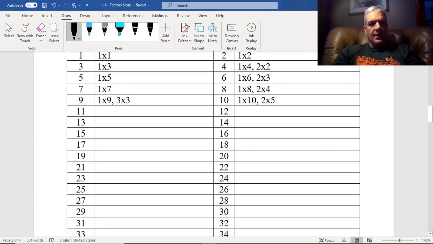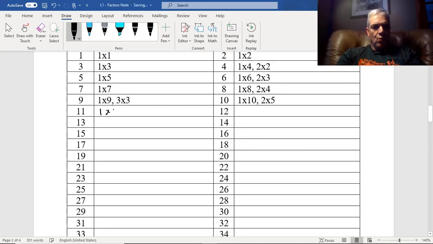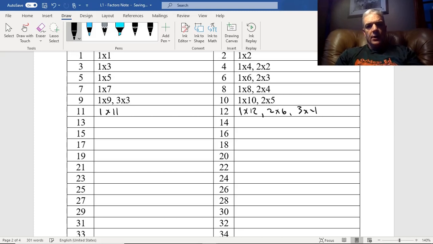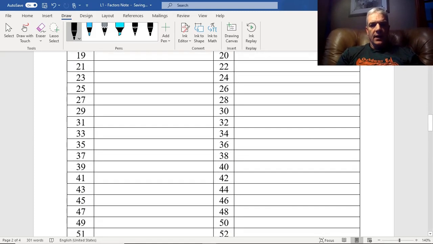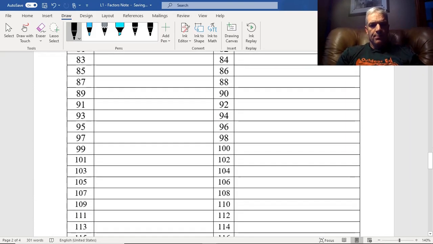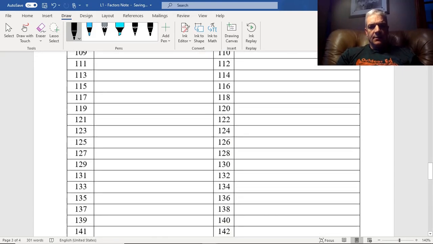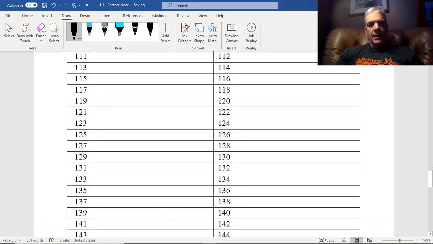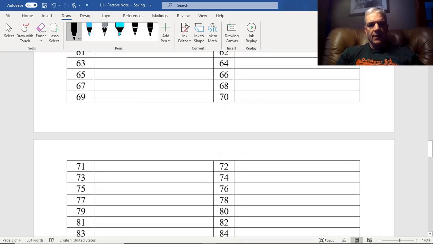So for 11, since it's a prime number, it'll just be 1 times 11, and for 12 it'll be 1 times 12, then 2 times 6, and 3 times 4. Your job is to continue this chart all the way down and complete it to 144. Not a really difficult lesson, but it is a bit time consuming, especially if your timetables aren't that good.